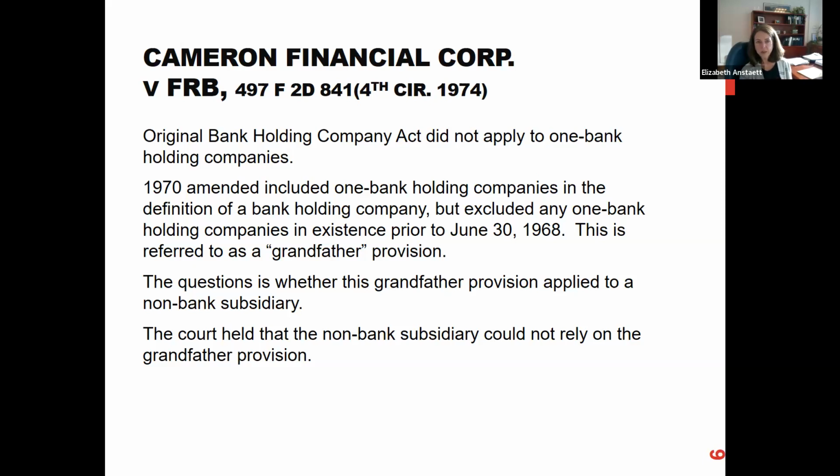It was decided when the law was enacted that if a company only owned one bank, that isn't what the concern was. So they were not subject to the Bank Holding Company Act if there was only one bank under the structure. But as time went on, it became clear that this was too big of a loophole. And in the 70s, that one bank exemption was removed.